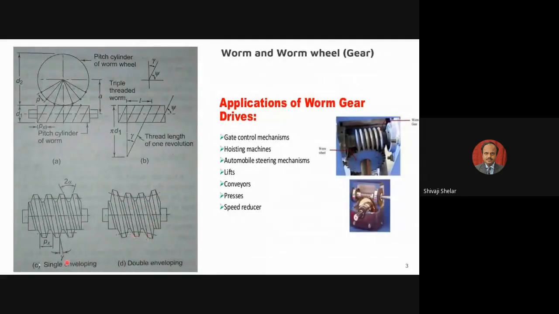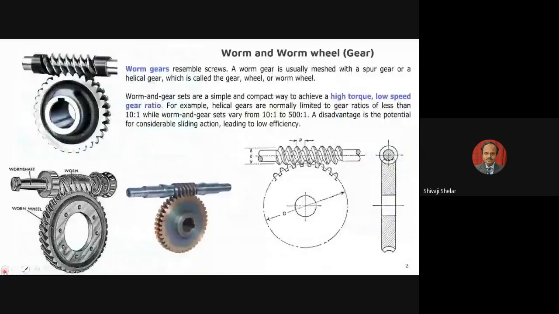If you go back to the previous slide, I have shown one diagram for single enveloping. So this arrangement shows single enveloping, where the shaft is continuous. Many times for a smooth operation, you require double enveloping.